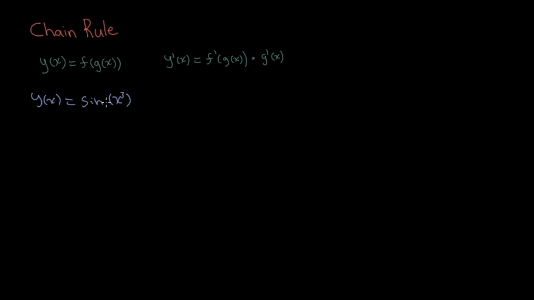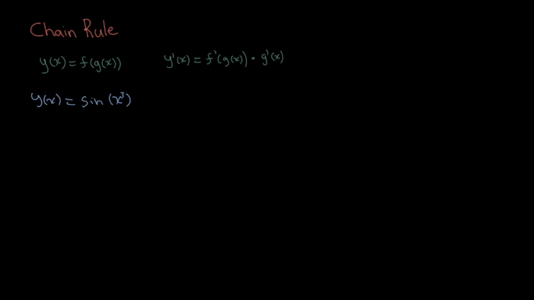Well, we know that there's a function within a function, right? We have the sine function, but we also have x cubed within that sine function. So essentially we're going to take the derivative of a sine function and then multiply that by the derivative of this function x cubed here. So it'll look something kind of like this.